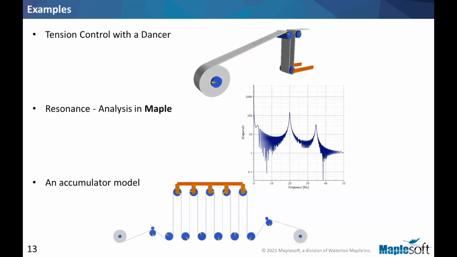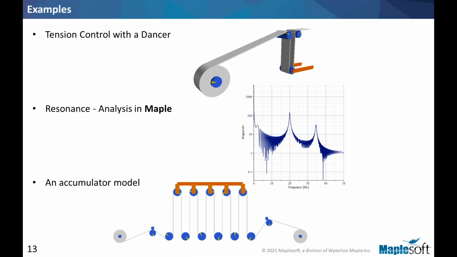The other examples that I have, as I mentioned, use the other type of dancer, and this time we complete the model for an unwind system that goes into higher and higher speeds, but we want to keep the tension as steady as possible. So a PID controller is used together with the dancer to accomplish that.